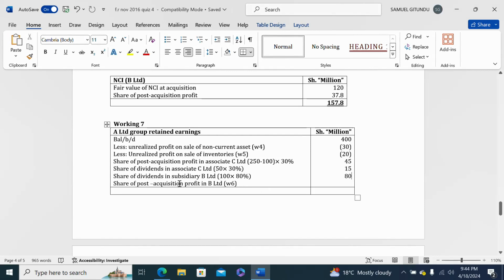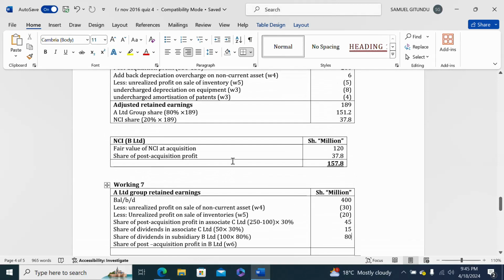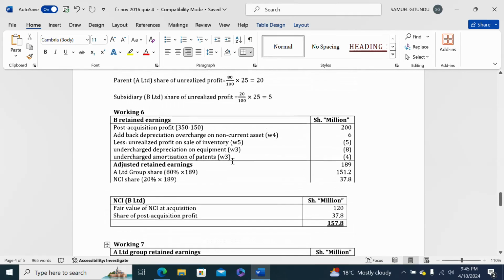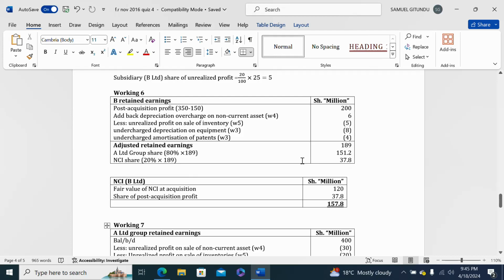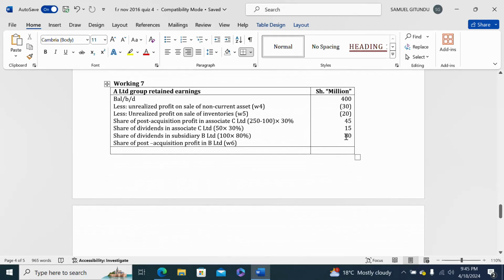And then we have the share of post-acquisition profit in B Limited, which we have done in our working number 6, which is 151.2.